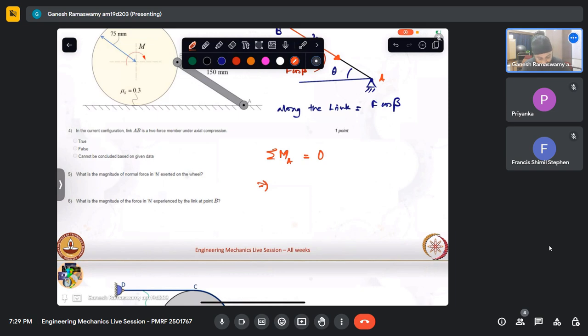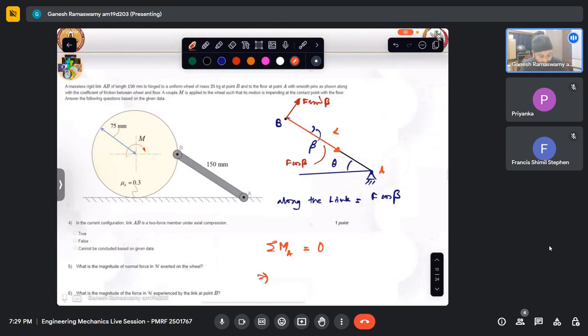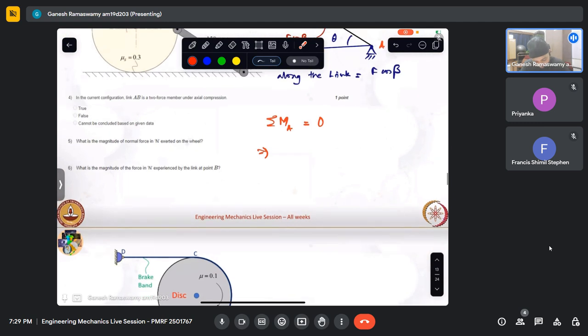Let the length of the member be L. So the moment will be the product of these two, given that it is 90 degrees here. So this is F sin beta L, or rather I should write FL sin beta equal to 0. This has to hold because it is in equilibrium.